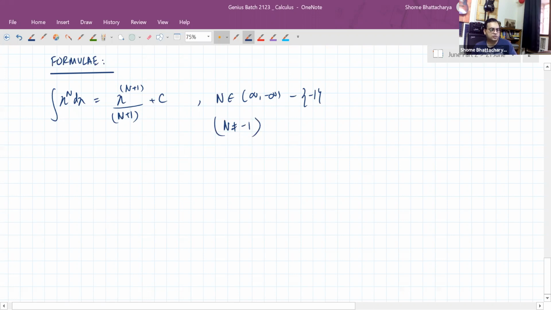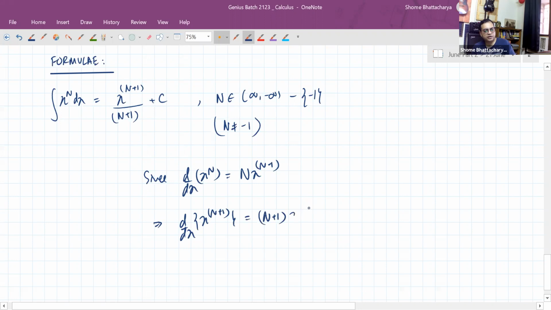Okay. Now the logic of this operation is very simple. Since differentiation of x to the power n is nx to the power n minus 1, therefore differentiation of x to the power n plus 1 is equal to n plus 1 x to the power n.